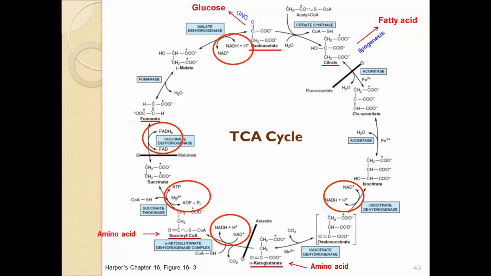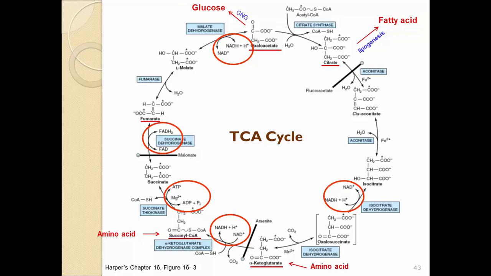Okay, so this is the whole TCA cycle reactions. Again, acetyl-CoA is the first molecule that enters the TCA cycle. And you see the first reaction, the product is citrate, right? So acetyl-CoA can be converted to citrate together with oxaloacetate.